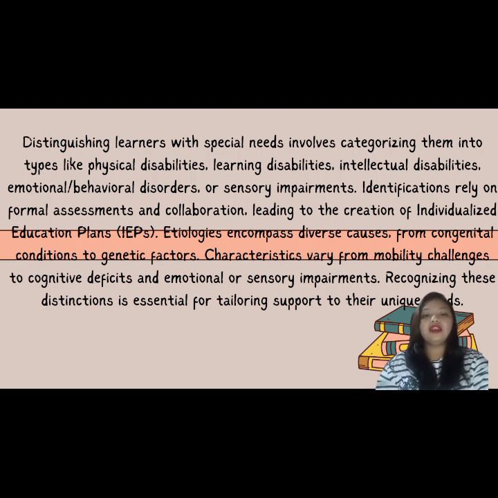Etiology encompasses diverse causes from congenital conditions to genetic factors. Characteristics vary from mobility challenges to cognitive deficits and emotional or sensory impairments. Recognizing this distinction is essential for tailoring support to their unique needs.